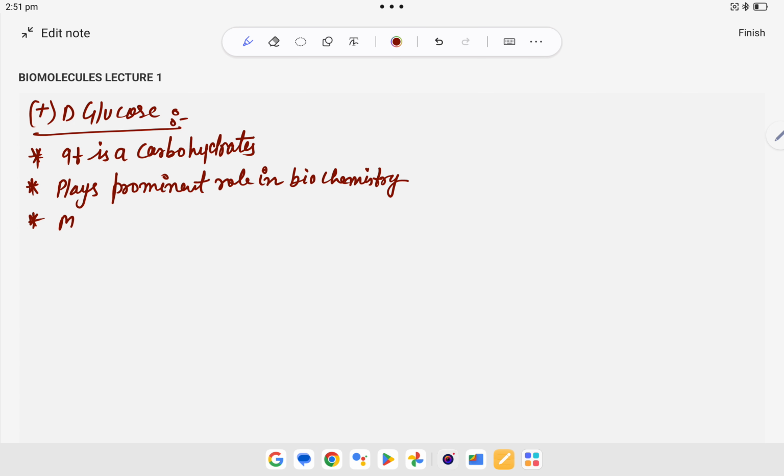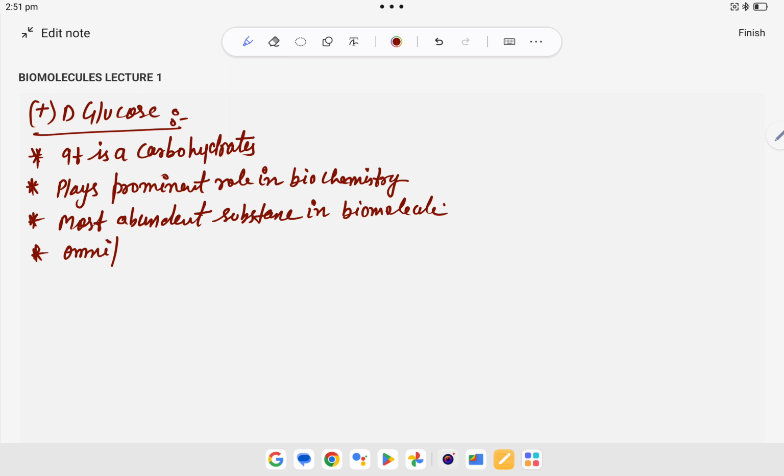Most abundant substance in biomolecules. Omnipresent fuel in biology.